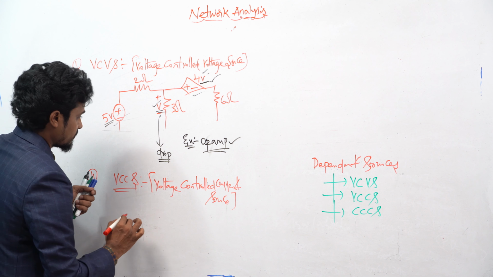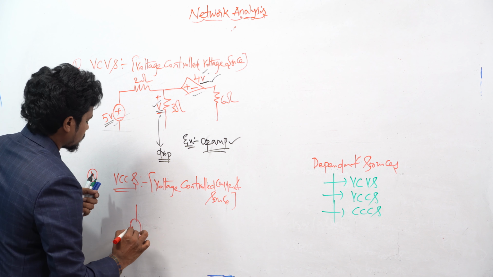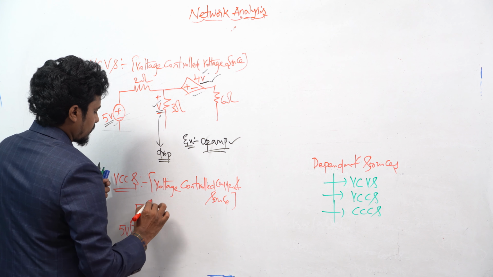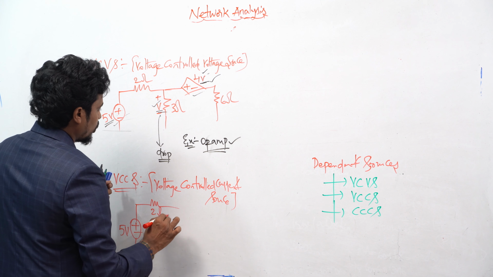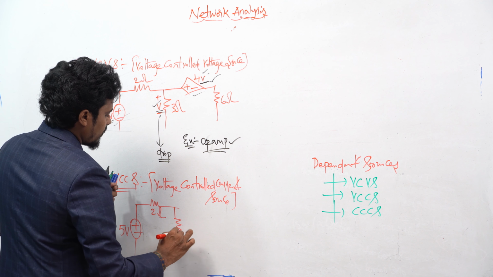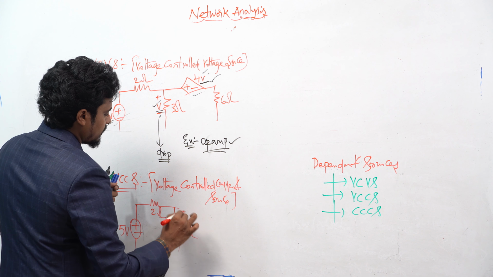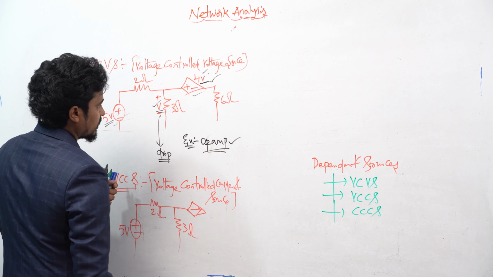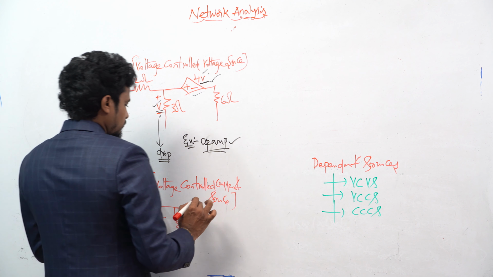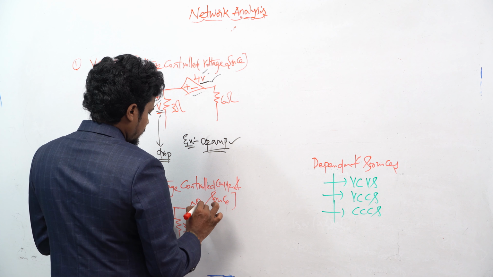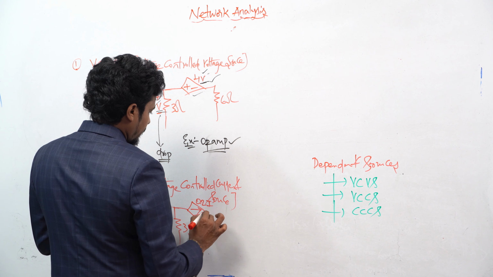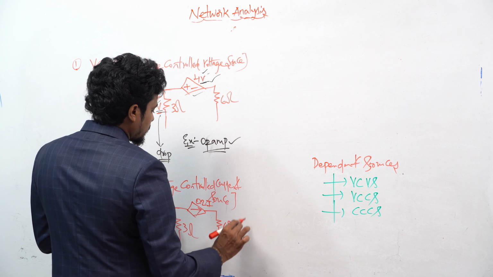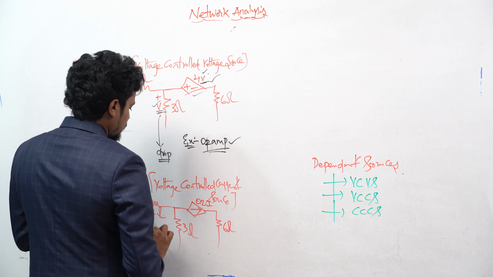Now let's see some simple circuit. I take this as my 2 ohm. I consider this as my 3 ohm, and here I consider my current source. For example, I consider this as 0.2i. I consider my resistor as 6 ohm.